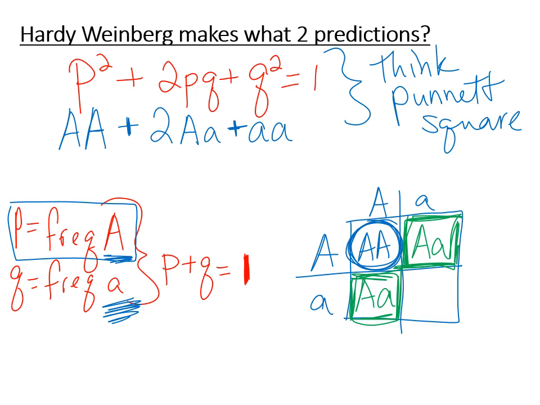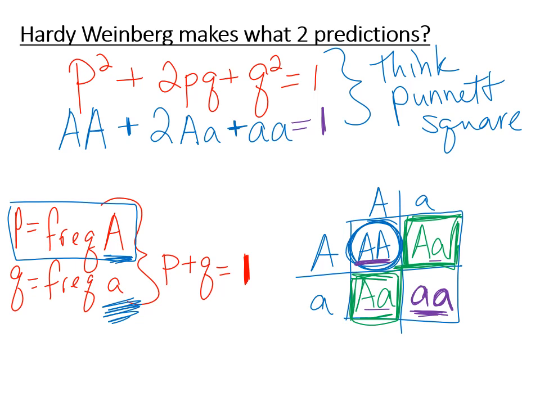And what do you know from our little Punnett square? You have one square that's double lowercase a. Do you see any other squares other than homozygous dominant, homozygous recessive, and the hybrids? No. So all of those have to add up to 1, right? 100% of the possible genotypes in the cross.